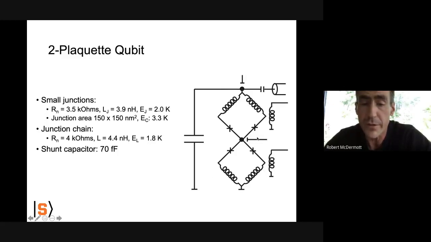And we shunt this 2 plaquette structure to ground with a large capacitance, similar to what's used for transmon circuits.